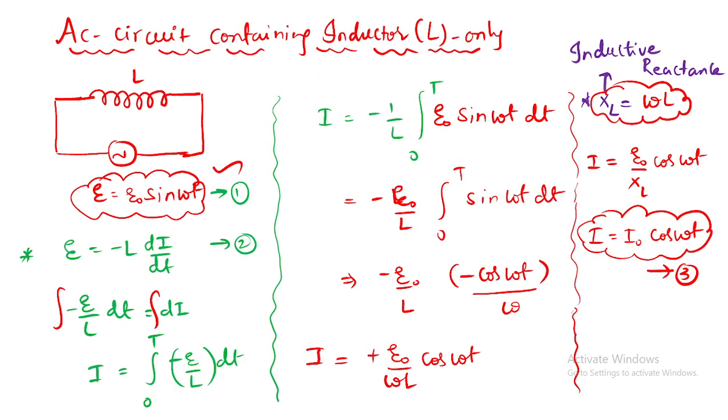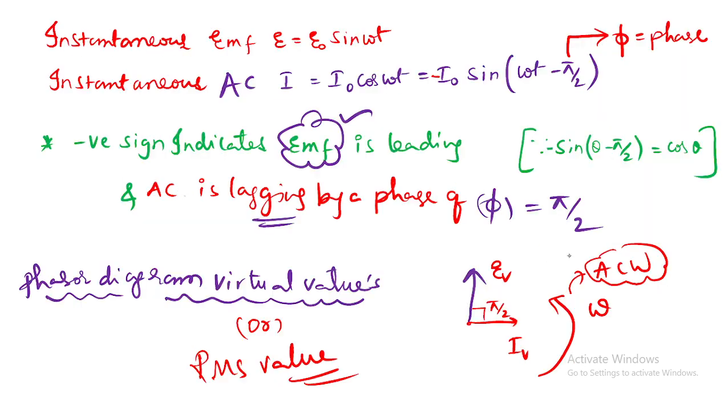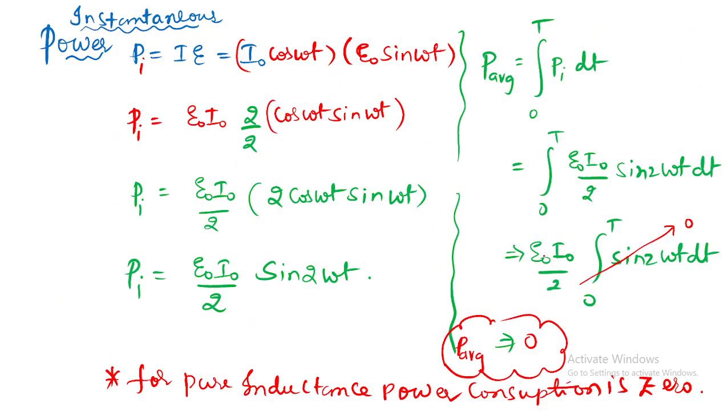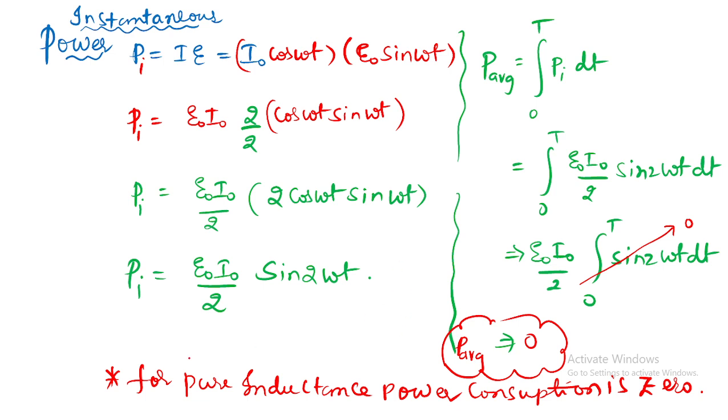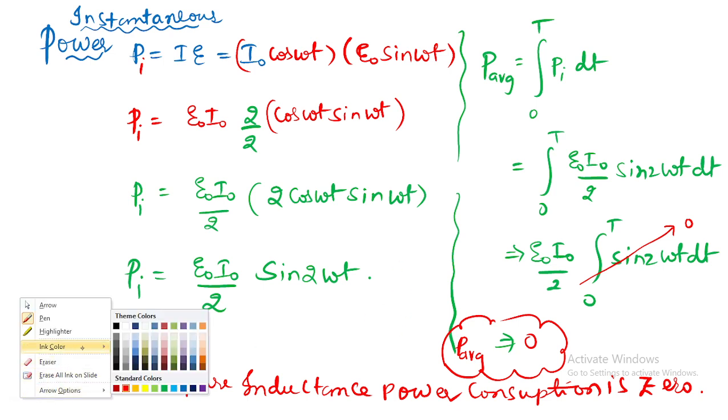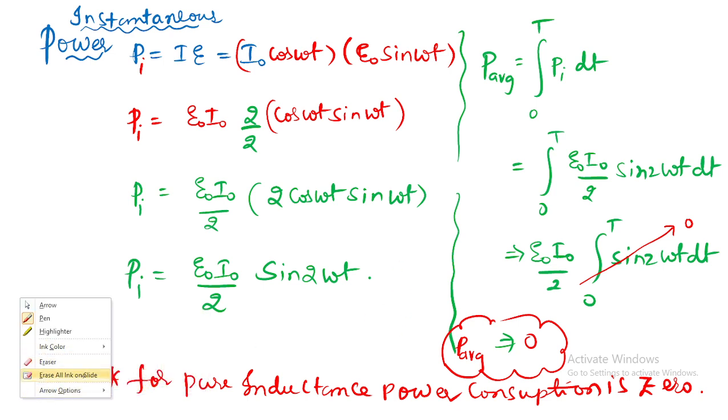Now AC circuit containing an inductor, and you updated all this, right? Just an idea I'll give you: add this one point alone, a new point.